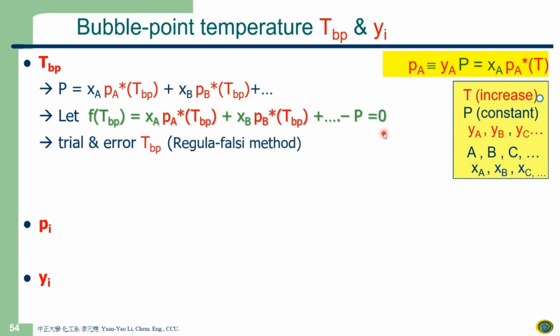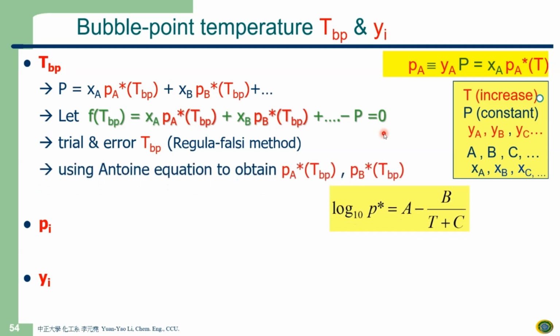So trial and error to determine TBP. This is called the regula falsi method. Let's say the bubble point temperature is between 100 Celsius and 80 Celsius, so you start to do trial and error between 80 and 100 Celsius, right?